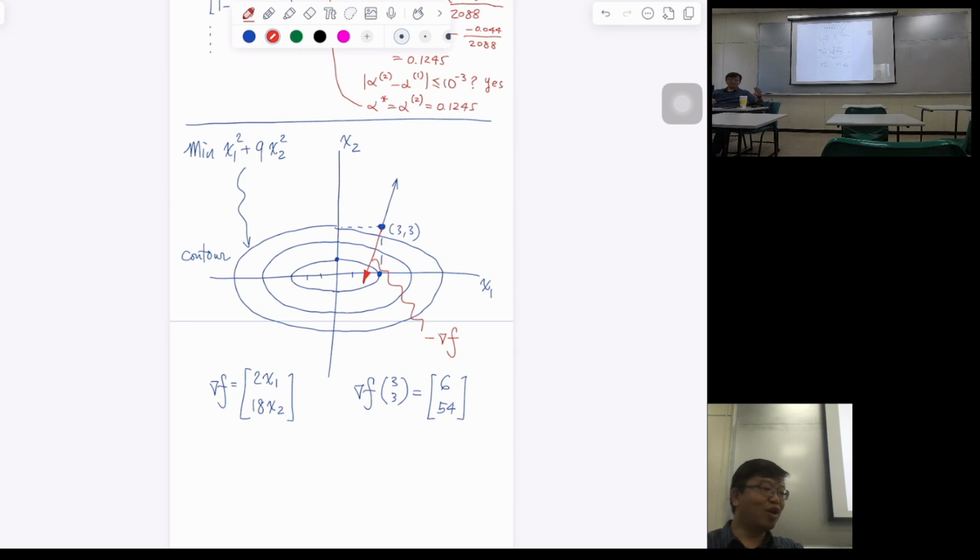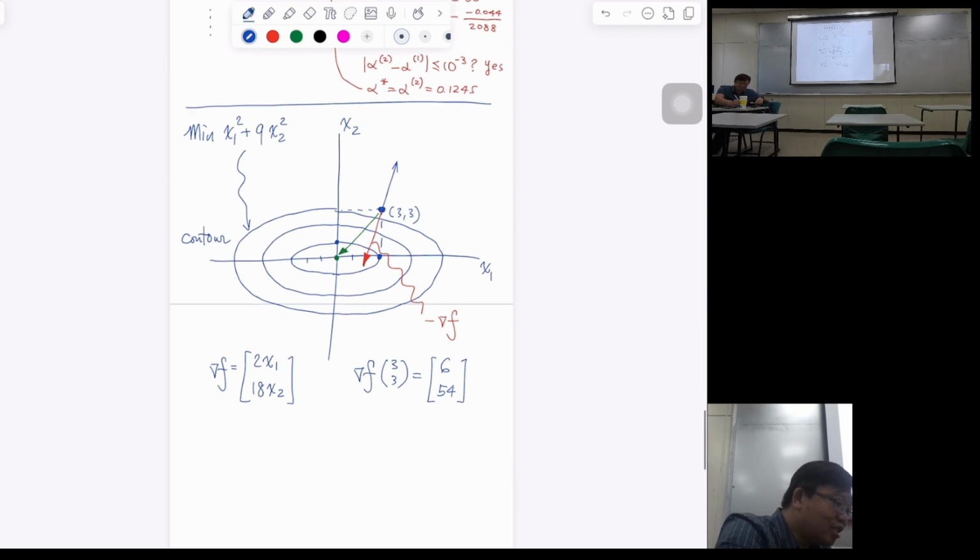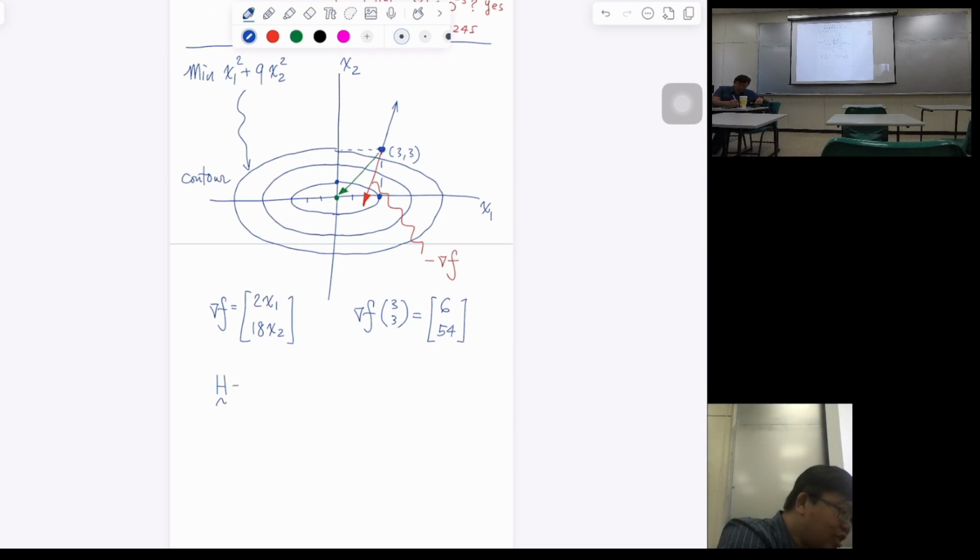And when we perform Newton's method, what Newton did was, it tells you you can move toward this direction and goes to the origin. This is how powerful Newton's method is. So we can take a look. The Hessian is going to be like 2, 18 like this, and the inverse Hessian is 1/2 and 1/18, right?